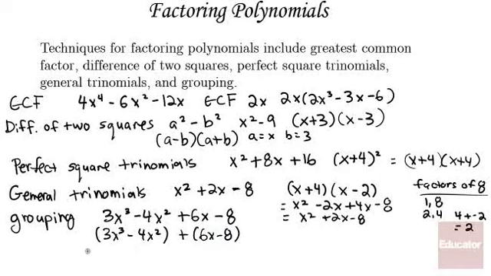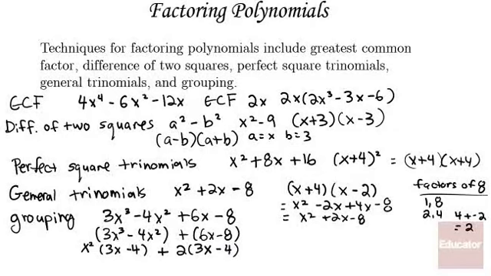I have a common factor of x squared, leaving behind 3x minus 4 here. Over here, I have a common factor of 2. I'm going to pull that out, and that leaves me with 3x minus 4.